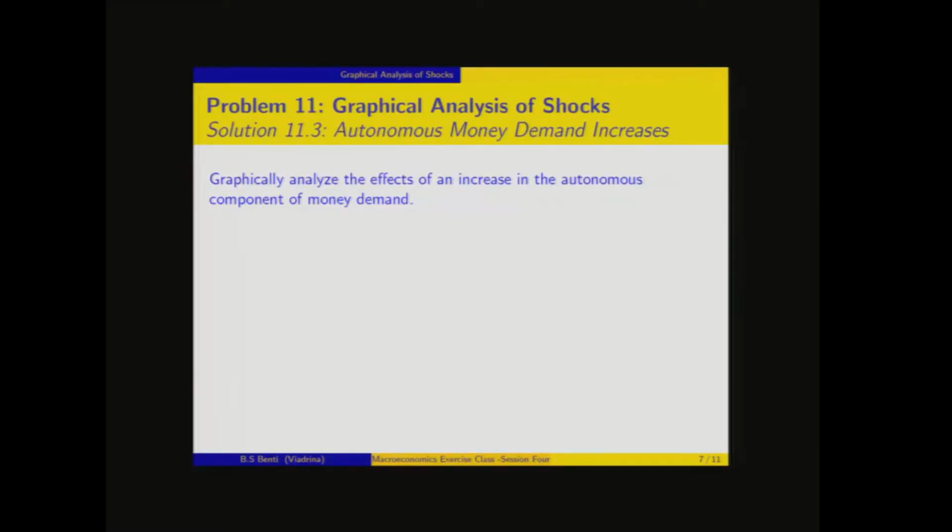The third question in our exercise 11 is: autonomous money demand increases. Here again you are asked to show graphically the effect of an increase in the autonomous component of money demand.